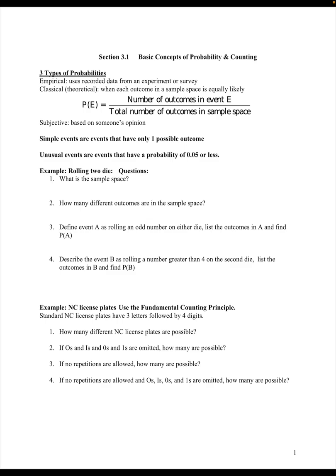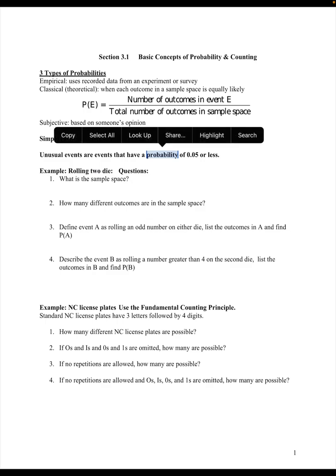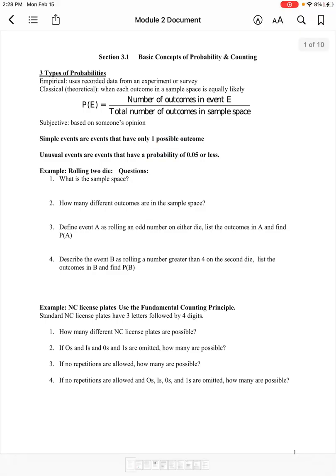The sample space would be what could happen on the first die and what could happen on the second die.